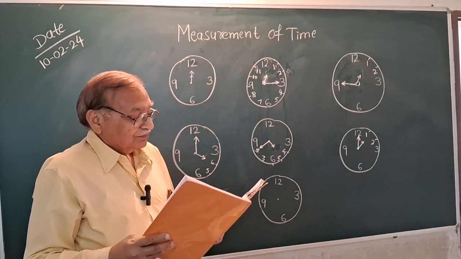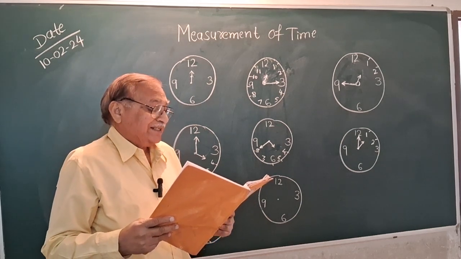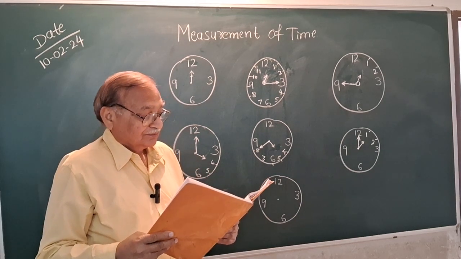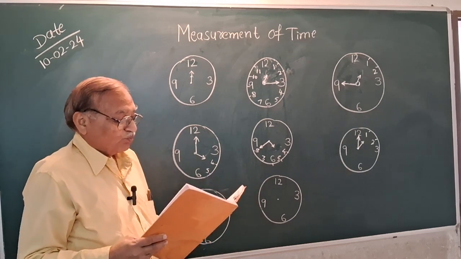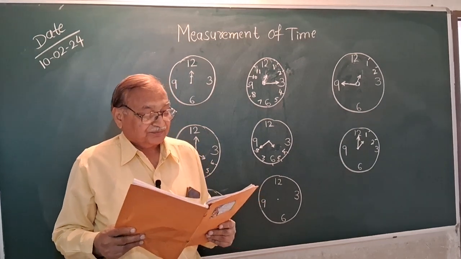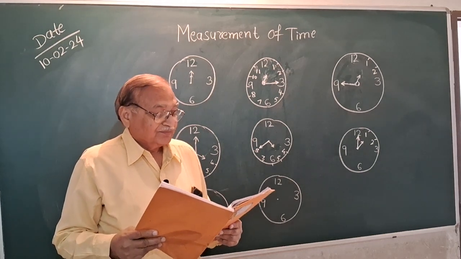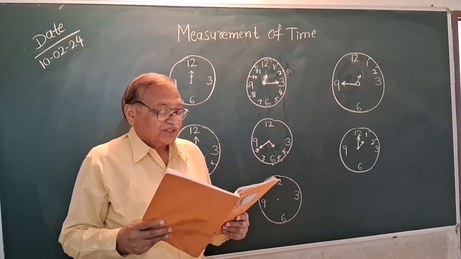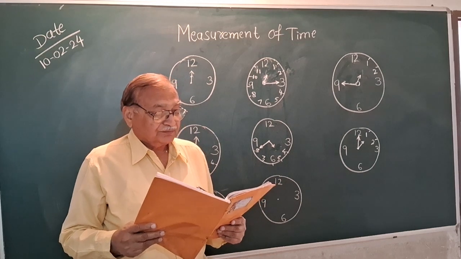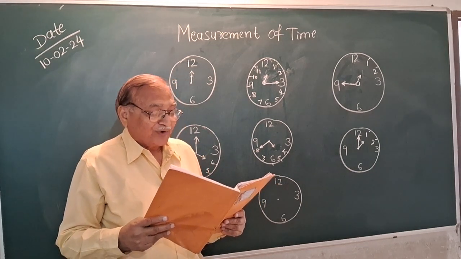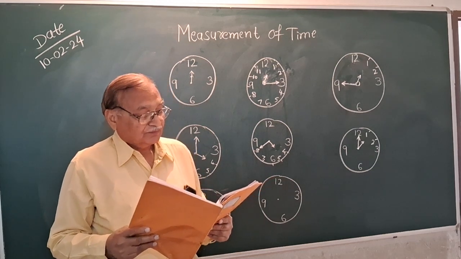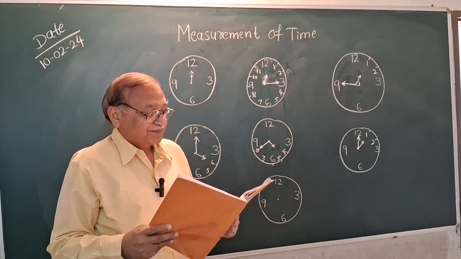Sonu: The short hand goes slowly, but the long one moves faster. Tai: Yes. The short hand shows hours and the long one shows minutes.